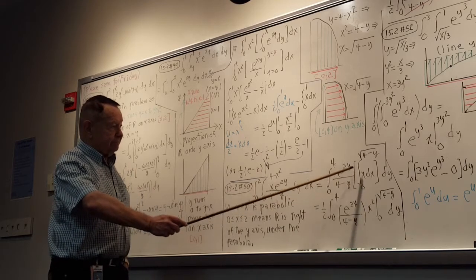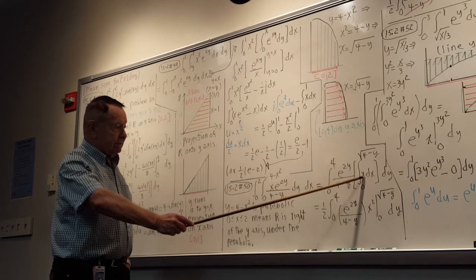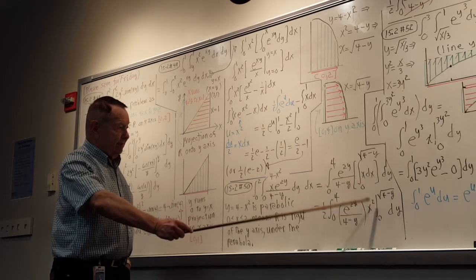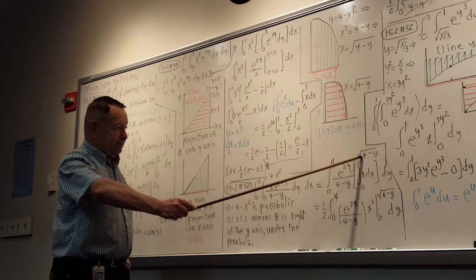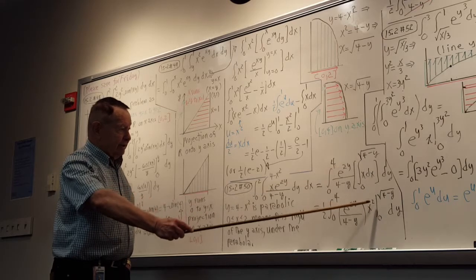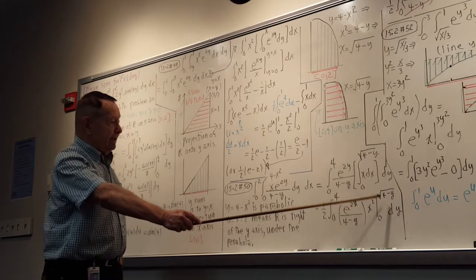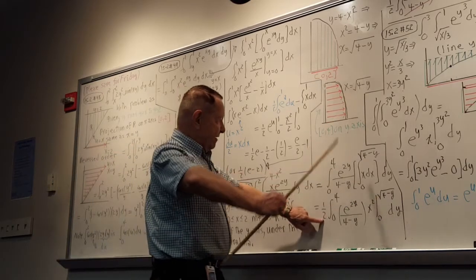And so if you integrate here, you get x squared, and you put in these limits. So when you square the square root, you see what you get, you have the half here.